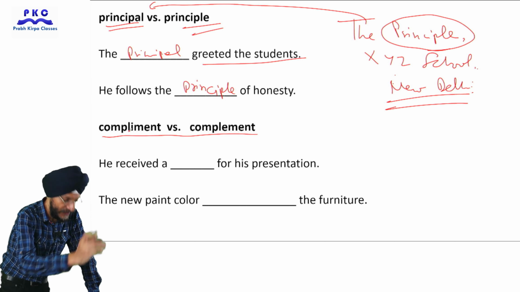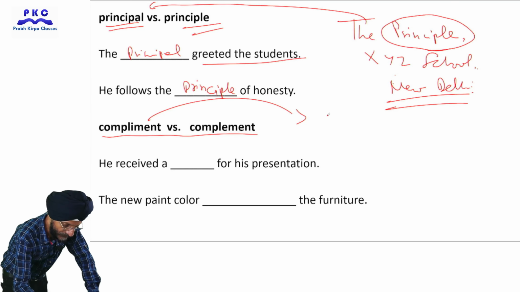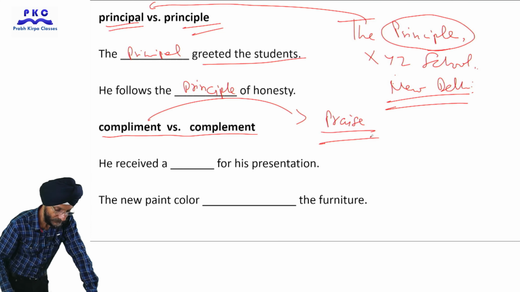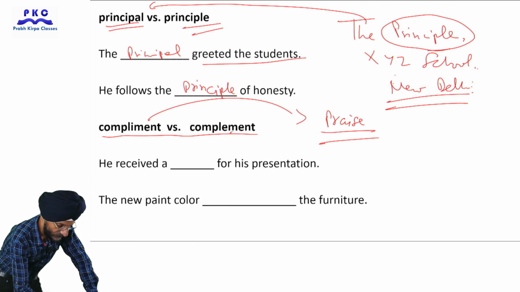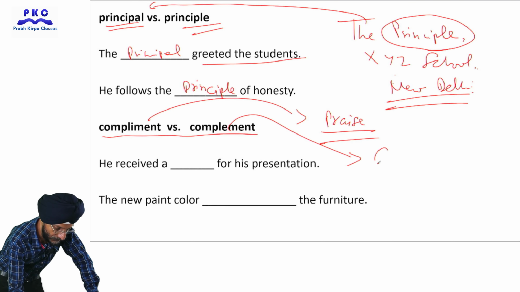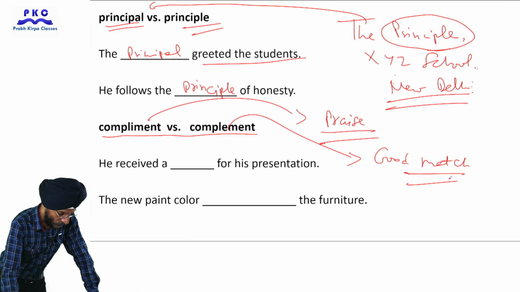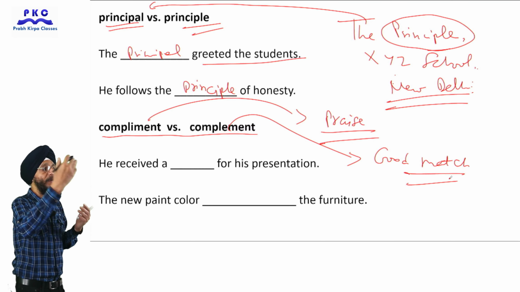One, compliment, means praise. The other, complement, means a good match, or something that completes the other thing.